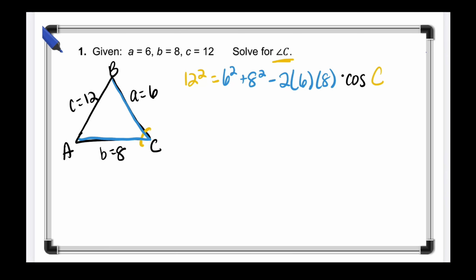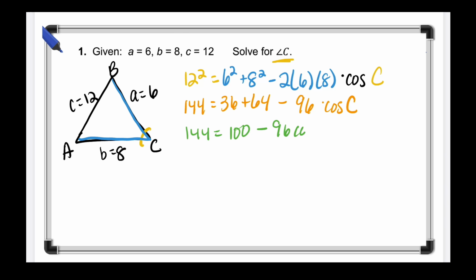So as we simplify, we have 144, and then we have 36 plus 64 minus 96 times the cosine of angle C. All right, so as we simplify, we get 144 equals 100 minus 96 cosine of C. We're going to subtract 100 from both sides, so you have 44 equals negative 96 times the cosine of C. We're going to divide both sides by negative 96, not add.